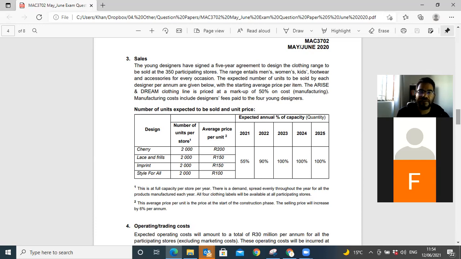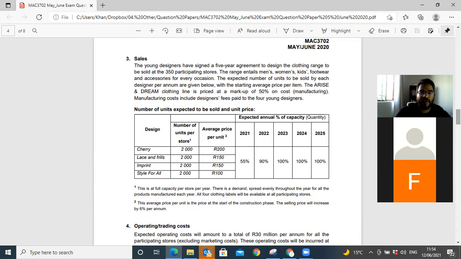The range entails, okay, we know that, the expected number of units to be sold by each designer per annum are given below with a starting average price per annum. The Arise and Dream clothing line is priced at a markup of 50% on costs. Manufacturing costs includes designer fees paid to the 4 designers.